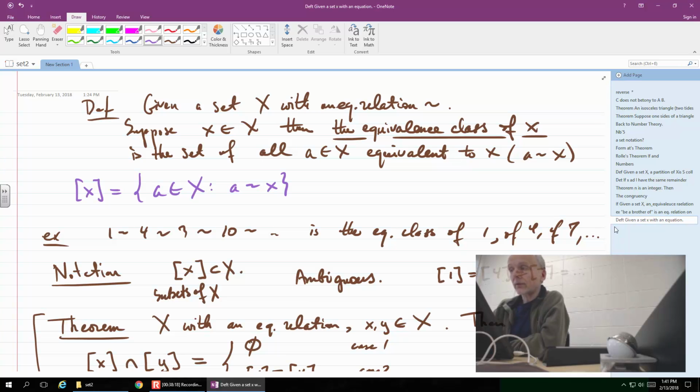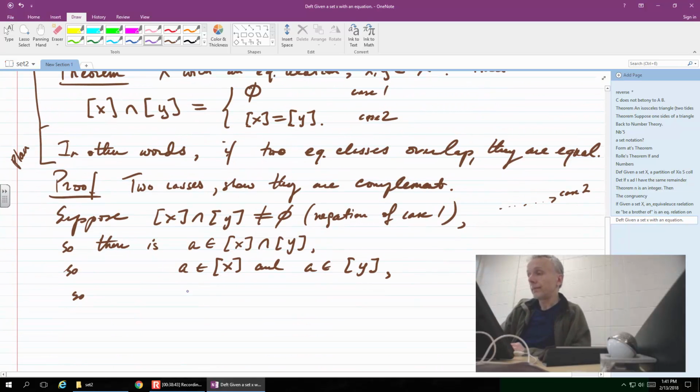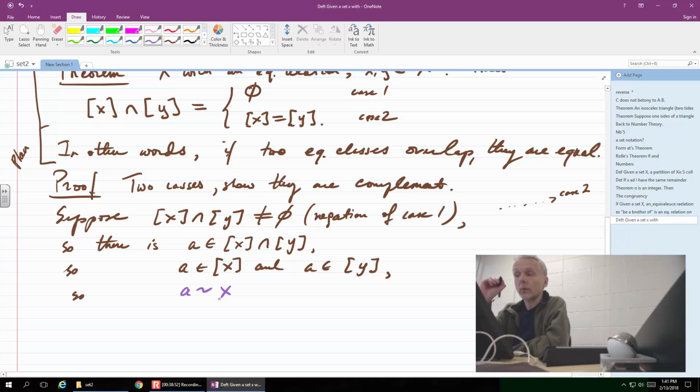So then, based on this, if A belongs to the equivalence class of X, it implies what? A is equivalent to X, that's it. So that's where we are in our proof. We have A in X, and that means one and only one thing: A is equivalent to X. So far we are doing equivalent substitutions, and that's the meaning of that notation.